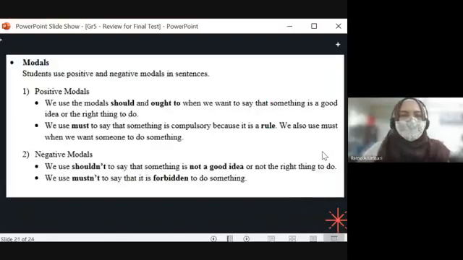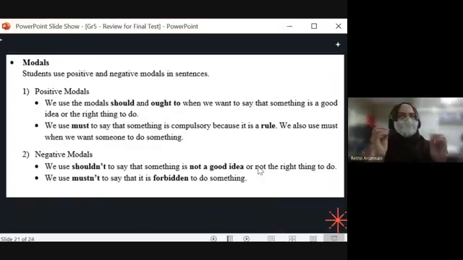Yeah. Okay. There are positive modals and negative modals. The positive modals are must, should, and ought to. The negative modals are mustn't and shouldn't. Now, must and mustn't are for rules or notices or what else?